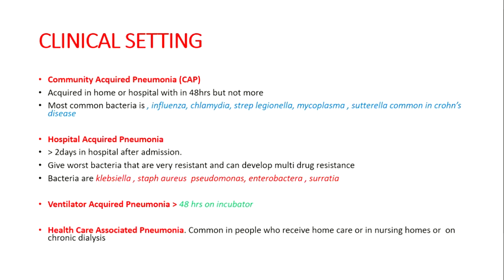For example, people who have cancers, people who are being nursed at home, people who have chronic dialysis can have this type of pneumonia, because these people need elder care providers around them, and most of their time is spent with elder care providers. That's why it's called elder care associated pneumonia.